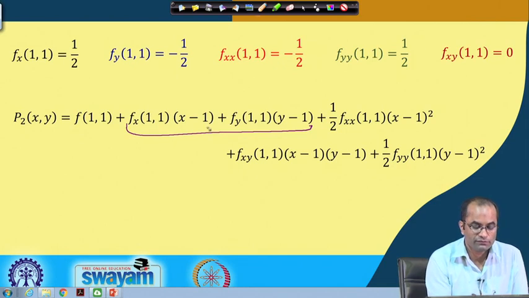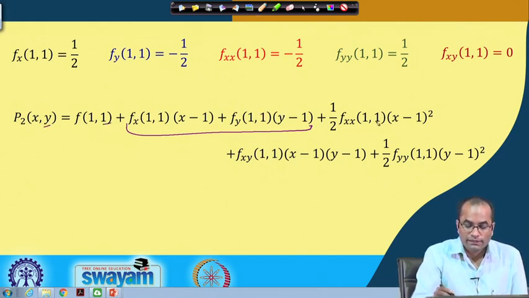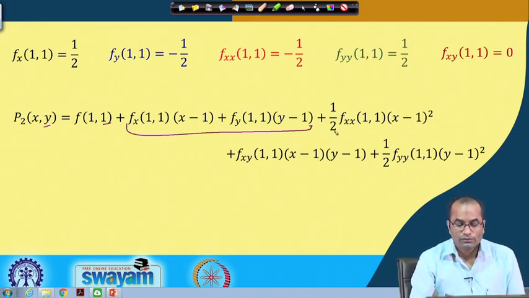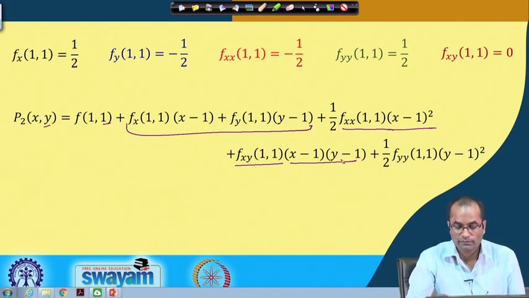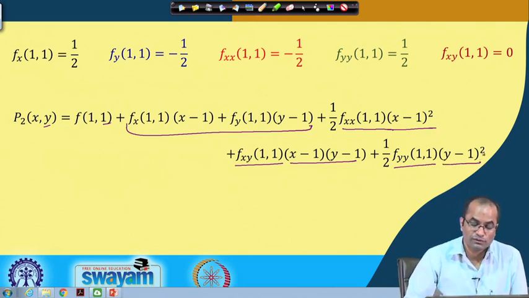The f_y at (1, 1) times (y minus 1), again the difference here, in terms of h. Then we have the second order term with 1 over factorial 2, which is 1 over 2, f_xx and the h square term, so (x minus 1) square, and this is 2 times the mixed term, but with that half it will become 1, so (x minus 1)(y minus 1) term, and then the second order term with respect to y, and then (y minus 1) whole square term.